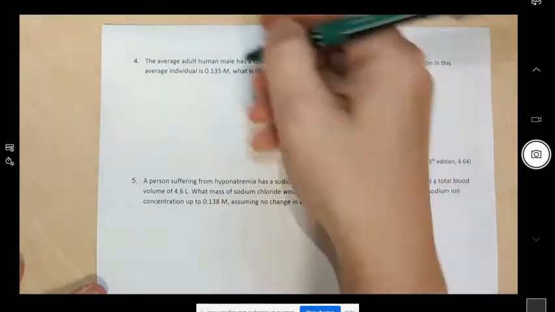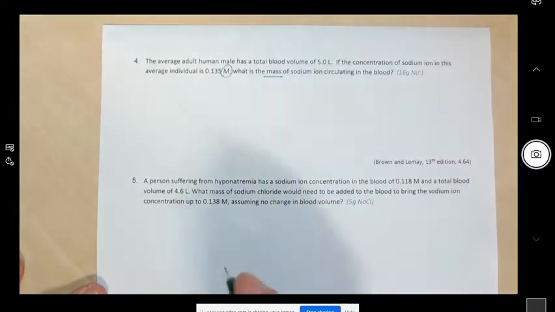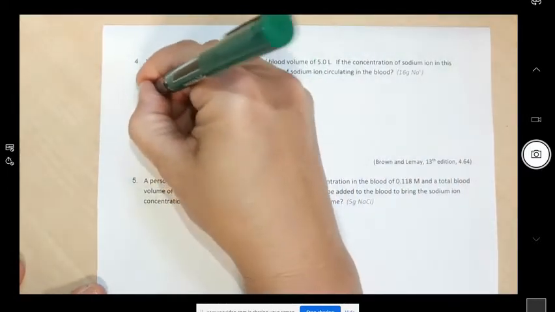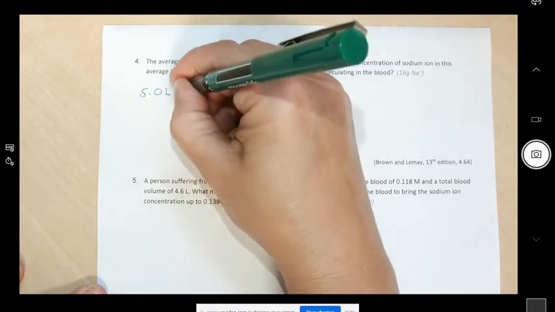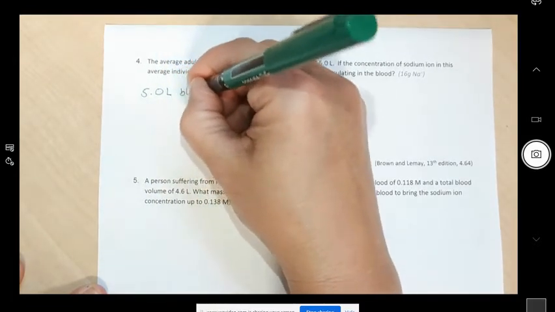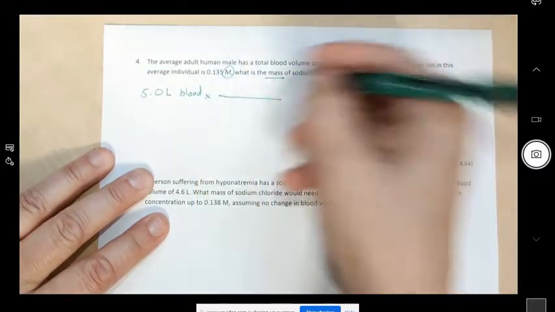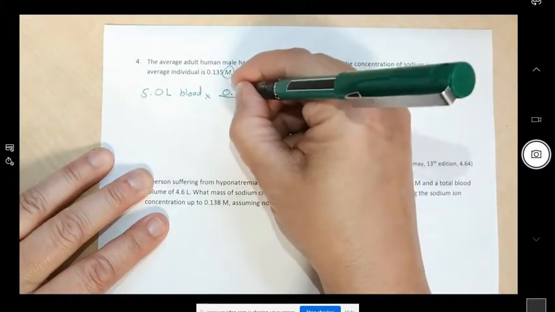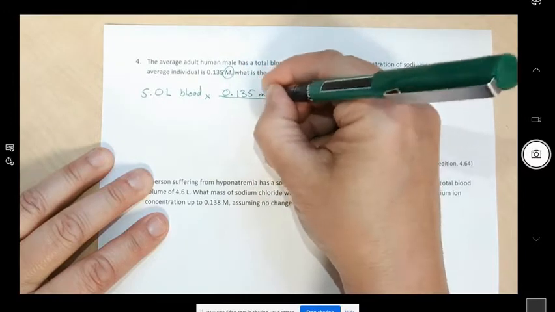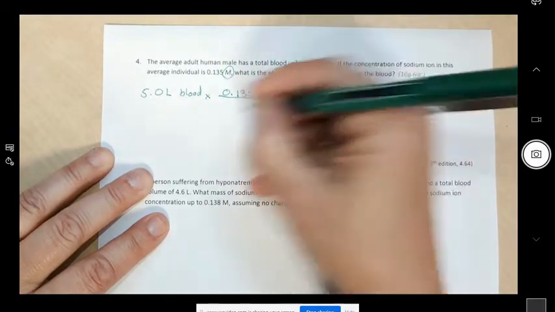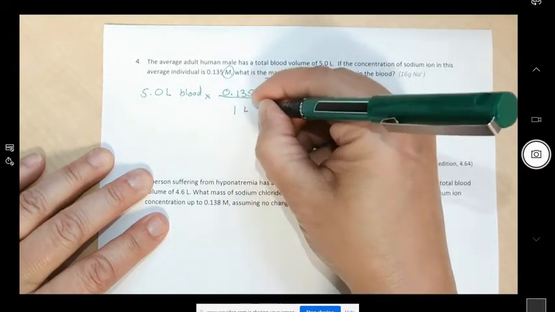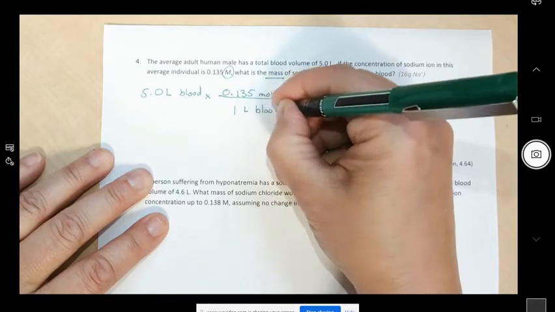We know molarity is moles per liter. So I'm going to take my 5.0 liters of blood. I'm going to mark that off so I know what I'm talking about. And I know the concentration of sodium ion is 0.135 moles of sodium ion per liter of blood, because that's our solution.